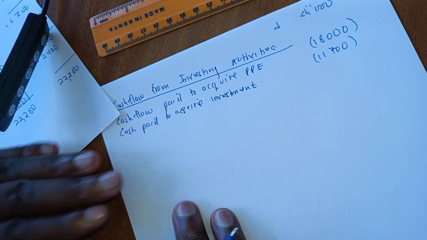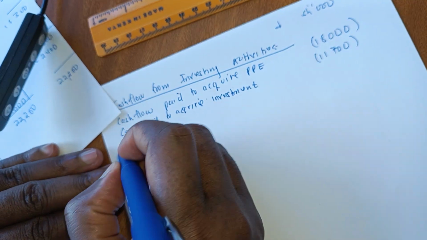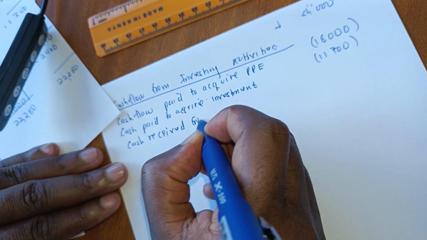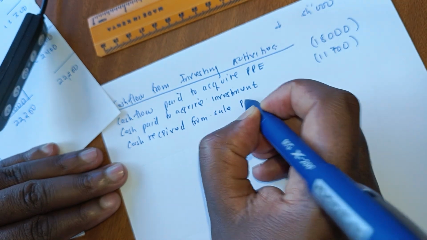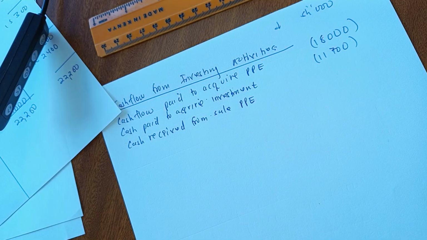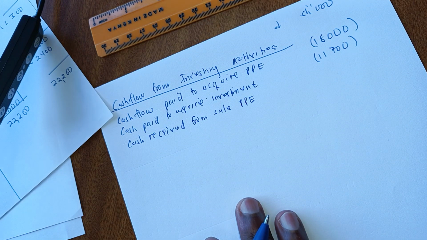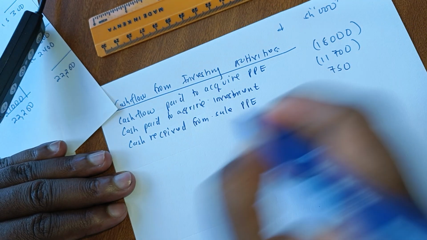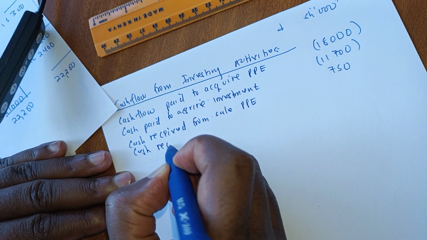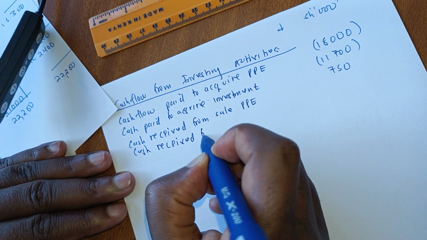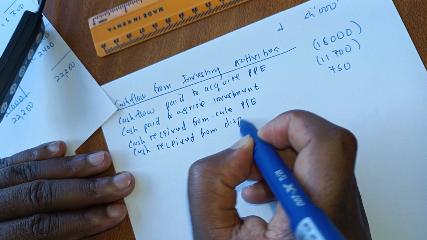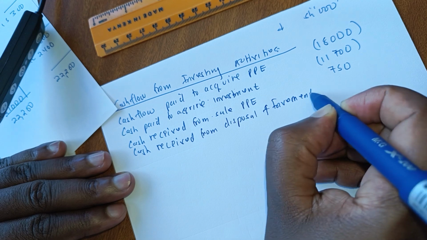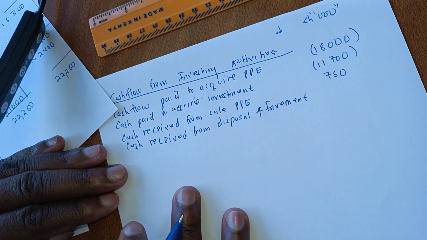Then we have cash received from sale of PP. There was a PP that was disposed. It was disposed for some cash. They told us it to be 750. Then also cash received from sale or disposal of investment.